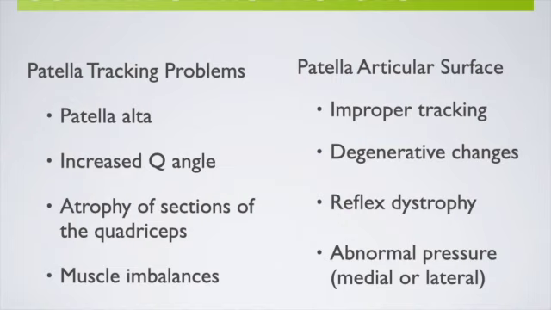What really contributes to this particular problem is going to be tracking problems of the patella. The forces of the quads, especially when you see one and not the other, put a lot of pressure on the patella, and the patella has to seat properly into the anterior femoral fossa.